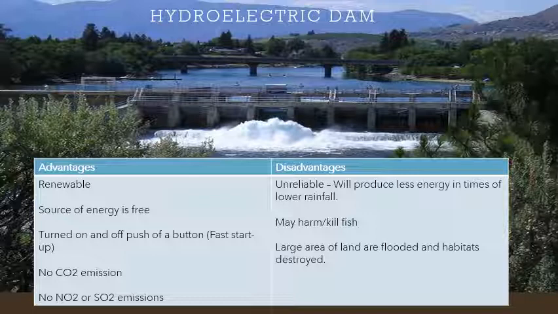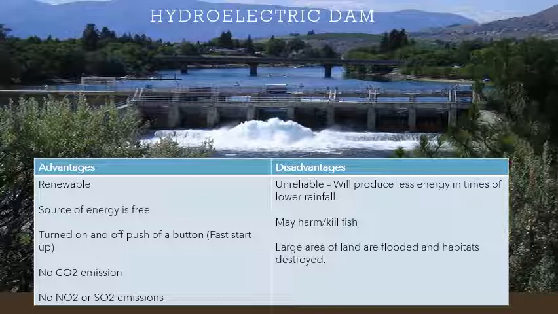So that means that this can be turned on and off at the push of a button. It's a renewable energy source, and obviously the water falls from the sky, so it's free to use. There's no carbon dioxide emissions, there's no nitrogen dioxide or sulfur dioxide emissions, so again this does not cause climate change and it does not cause acid rain.